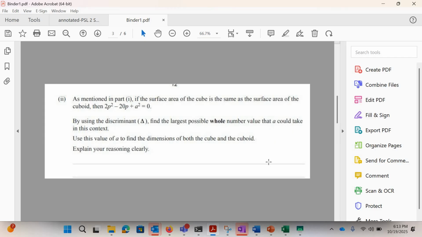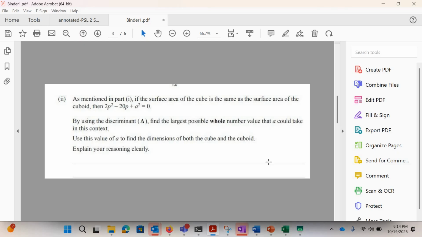Oh, they want the largest whole number. I got 7.07 here. So that means the largest whole number, if a had to be smaller than this, would be 7. That's the largest whole number.